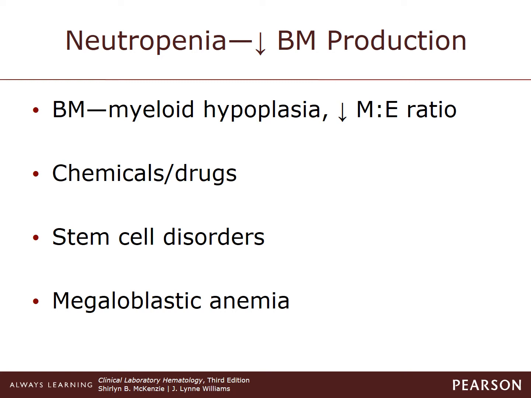Now when you have decreased bone marrow production, your ratio of myeloid to erythroid cells will decrease, either 2 to 1 or 1 to 1, and in very rare instances, you have a 2 to 1 erythroid to myeloid ratio as a substitution.